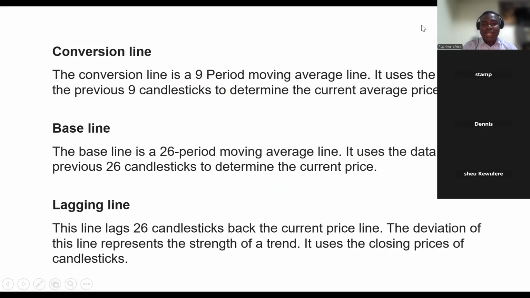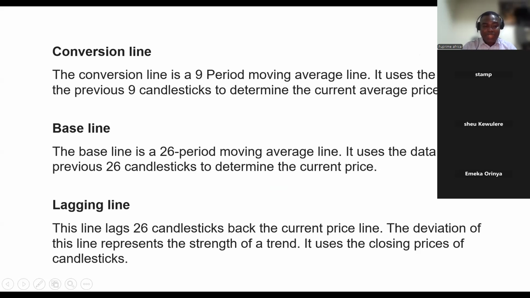The conversion line is a 9-period moving average. It uses data of the previous 9 candlesticks to determine the current average price. The baseline, which is more or less a slow moving average, is a 26-period moving average line. It uses the data of the previous 26 candlesticks to determine the current price. Then the lagging line.